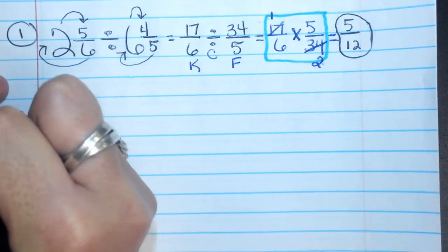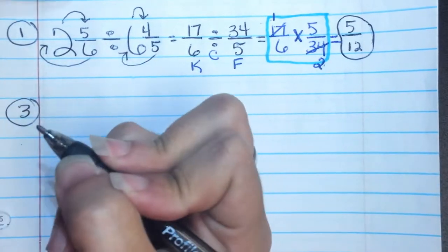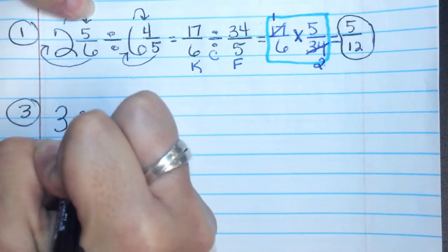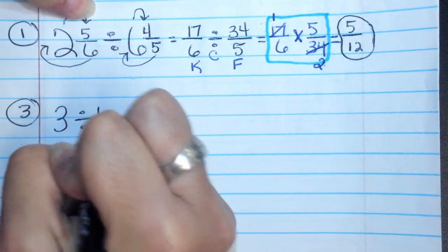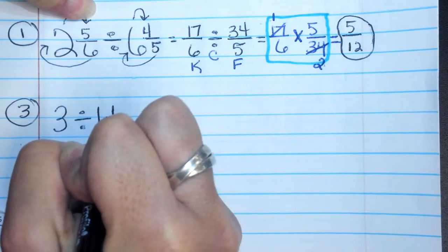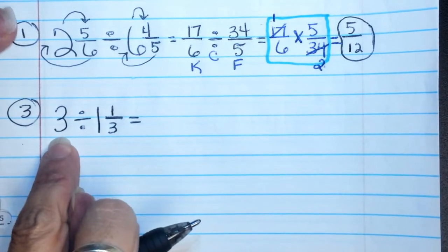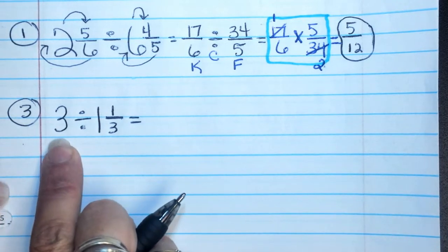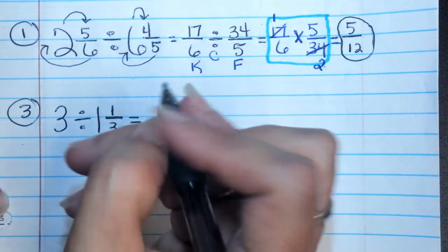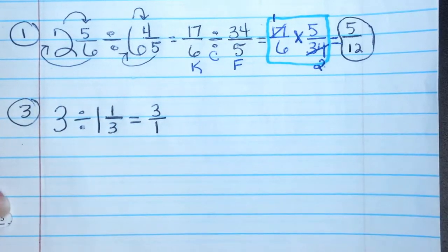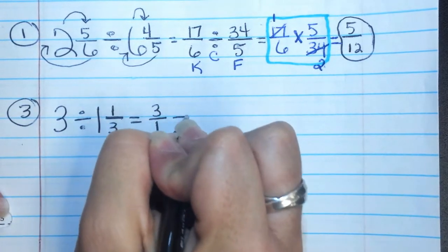We're skipping 2, and I'm going to 3. Okay, it is 3 divided by 1 and 1/3. I like this one because it does have the whole number with nothing. What does 3 need to become? 3 over 1. So rewrite it nice and pretty. Keep the division sign.